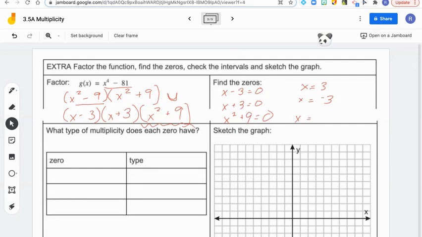Okay, so at 3 and at -3, you know that this is going to cross. It just has a multiplicity of 1. So will this. So I mark those on here. Okay, so we're going to think of our end behavior.